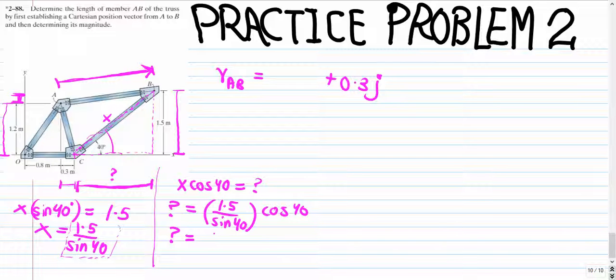Let me solve this on a calculator. So this unknown length is 1.79.